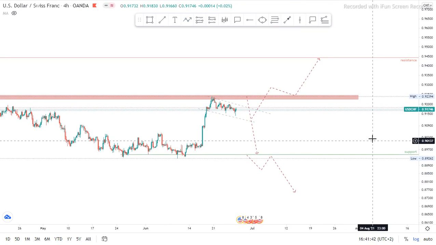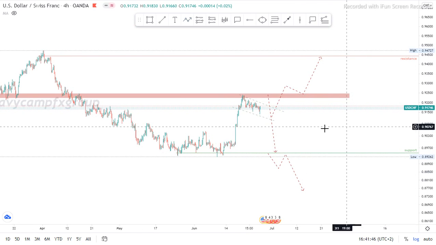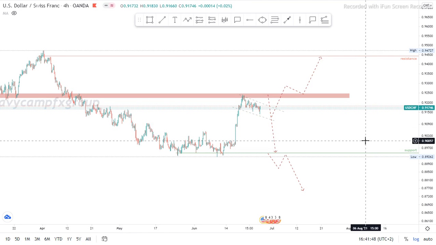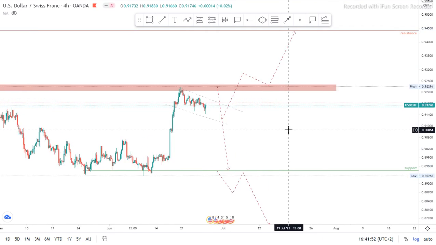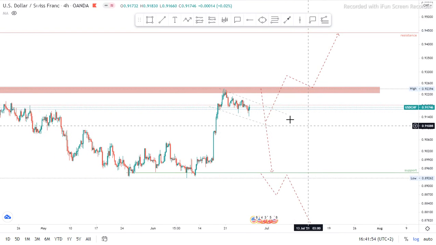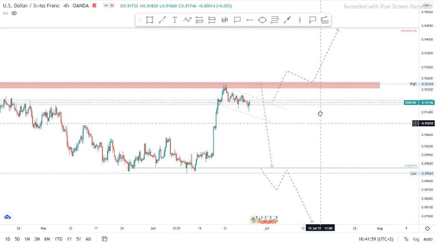All right, guys. So that's basically three things we will be looking at. But remember, we always wait for confirmation. We always wait for market to print data so that we know what we are trading, right guys. This is roughly the bias that we have as Heavy Camp, and these are the opportunities that we will be looking for, right guys.